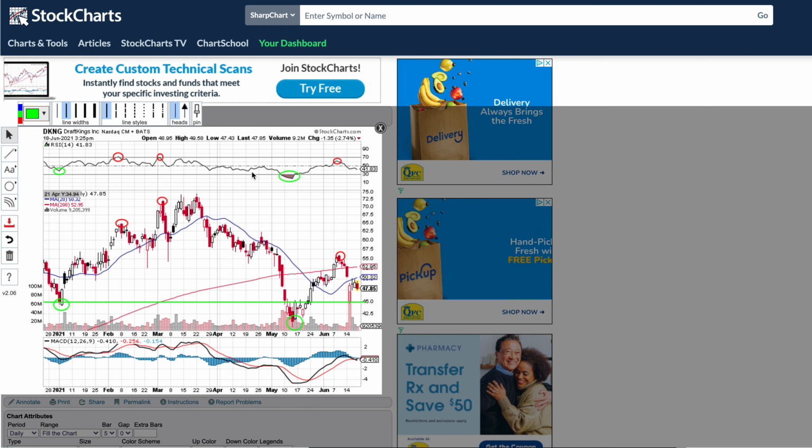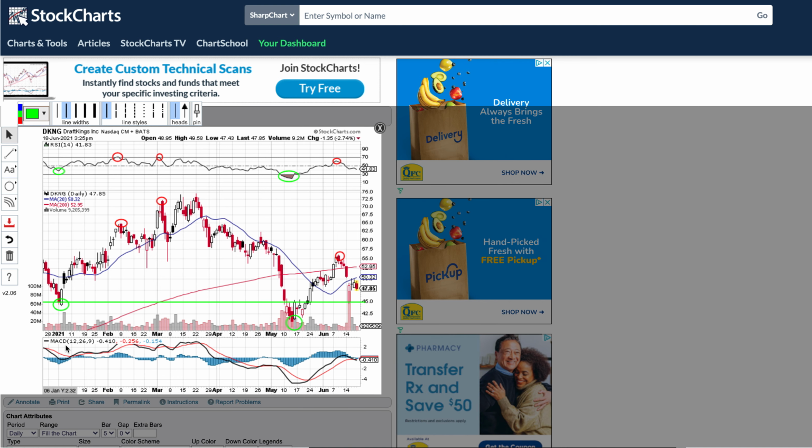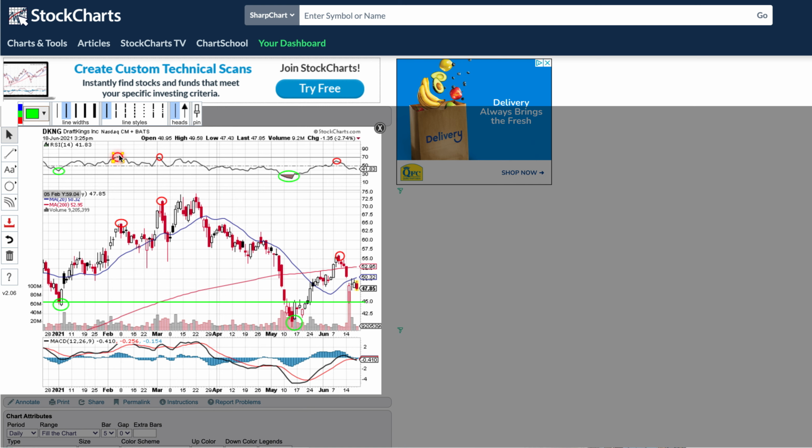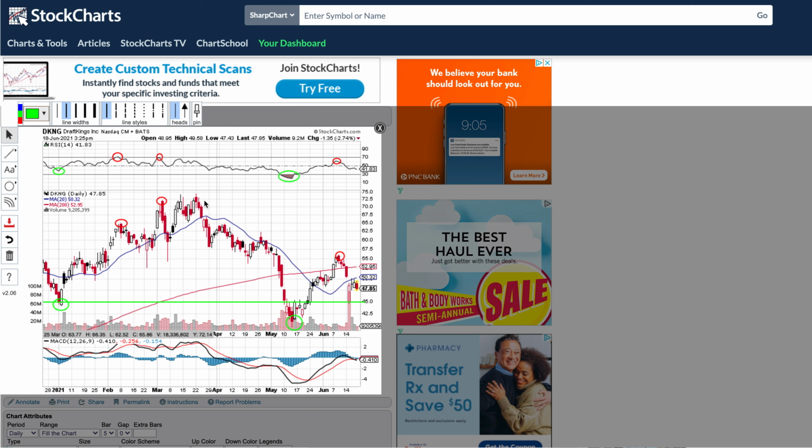Now that we got that out of the way, let's get into some examples of how to use the RSI on an actual stock, in this case, DraftKings. As I said before, when the RSI is at higher levels around 70 or more, that's when you should start hitting the exit. We can see this perfectly on this chart. I mark these as red because it's like a red alert: get out of the trade, take your profits, because it's probably going to pull back.